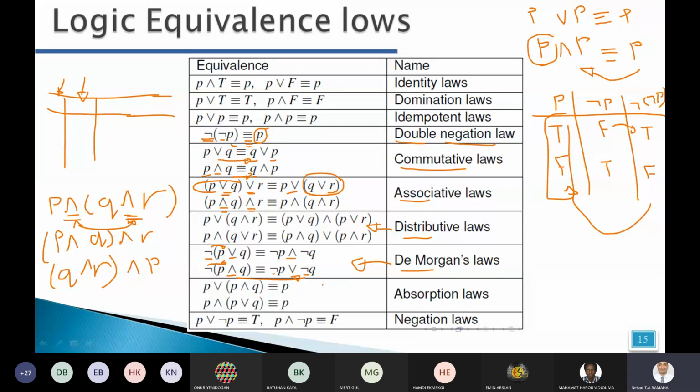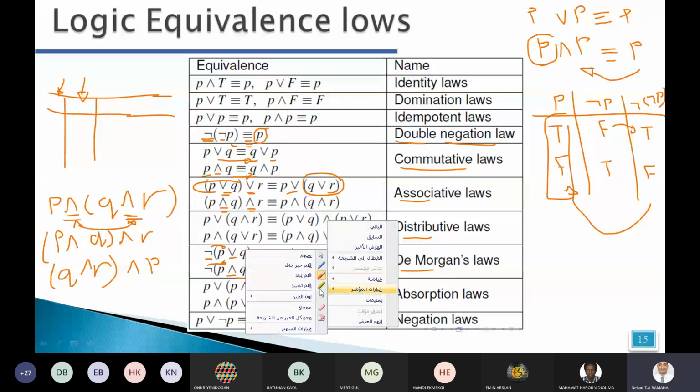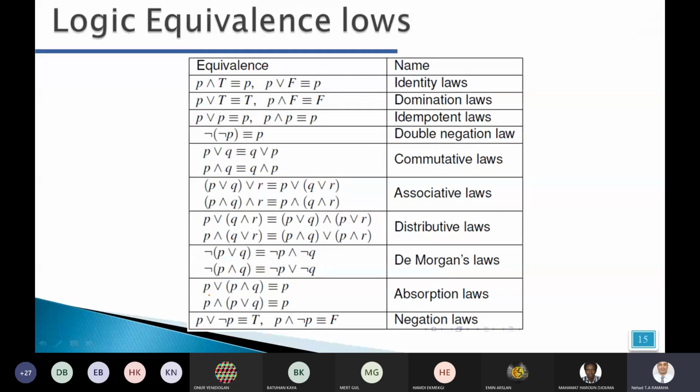Absorption law is as this. Look, if you have P or, okay, P and Q, the result is logically equivalent to P. Of course, students will mix between this one and this one, it's totally different.